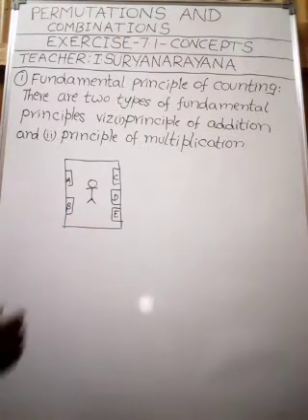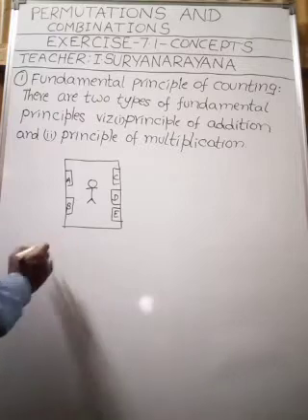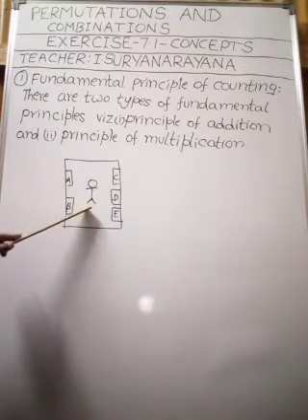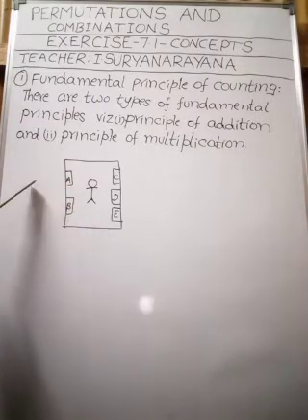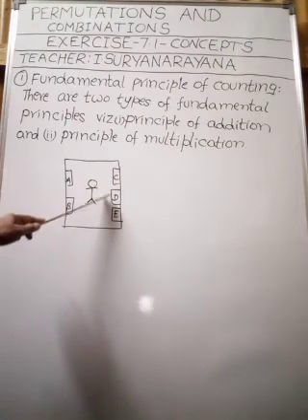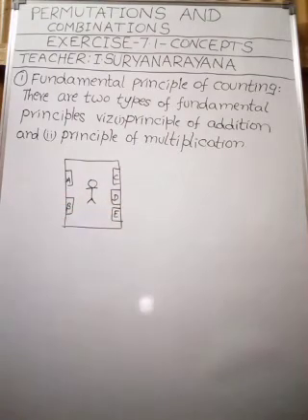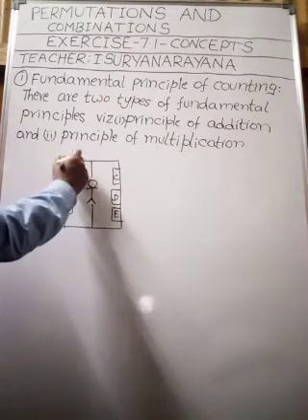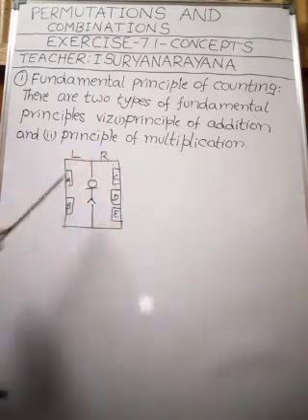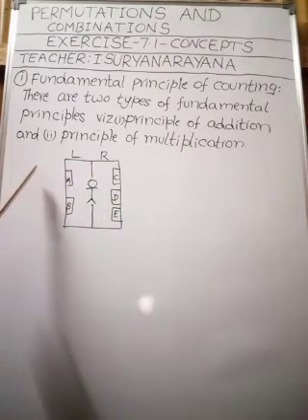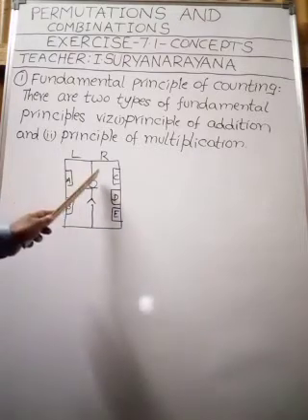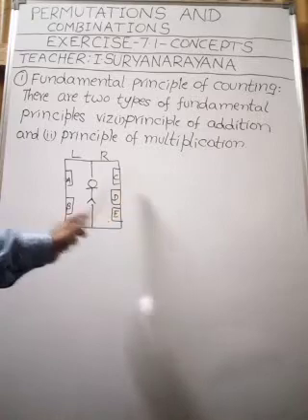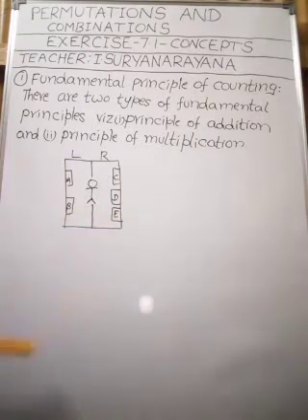Yes, five ways. Five ways, because he may come out from these two doors or from these three doors, isn't it, my children? Here he has two choices. He may come out from the left side doors or he may come out from the right side doors.